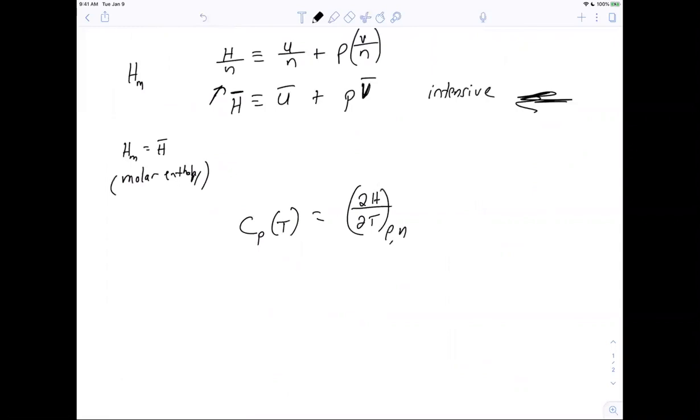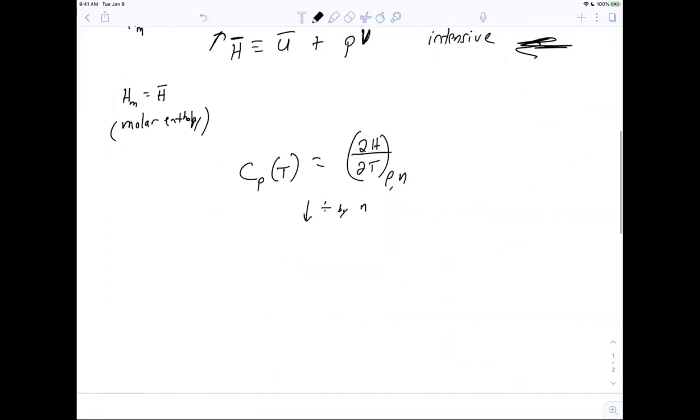We can divide both sides by N, the number of moles. We get here Cp bar, which is the intensive or per mole quantity, and on this side we have dH bar/dT at constant P. And of course, we don't have to have N anymore because now it's intensive. So it doesn't matter. Okay, so we can just write this as P.